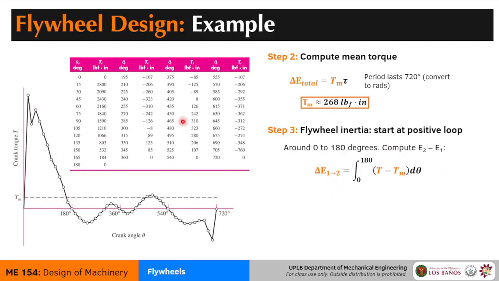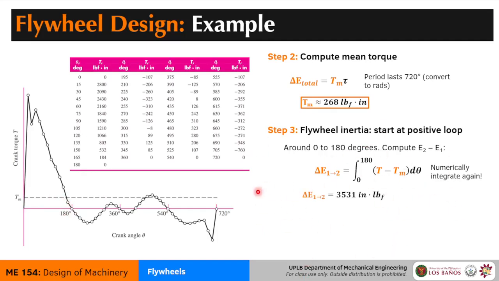Once you're done calculating the energy per range, you have to repeat this cycle. You subtract all of the torque values by your mean torque and then redo the numerical integration again. But this time, you do it from the start to end of your positive loop. And that is this value.